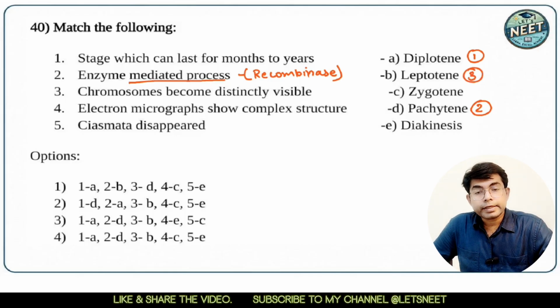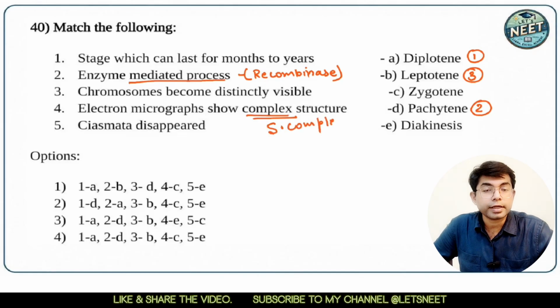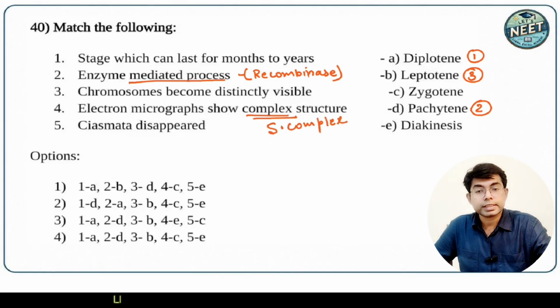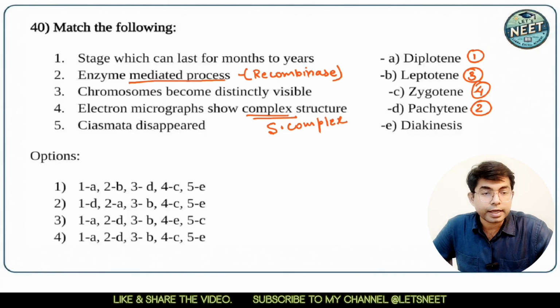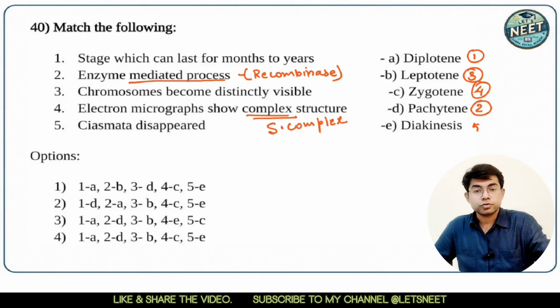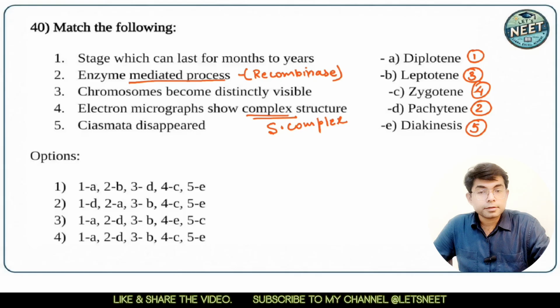Then electron micrograph shows complex structure. Which complex structure is it talking about? It is talking about synaptonemal complex. So this synaptonemal complex is found in zygotene. And lastly, chiasmata disappear. So chiasmata will disappear in diakinesis, right?